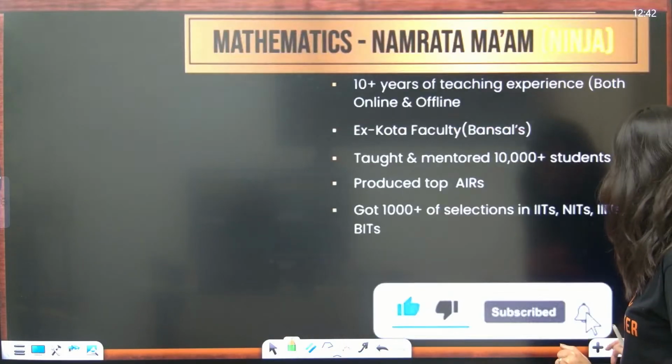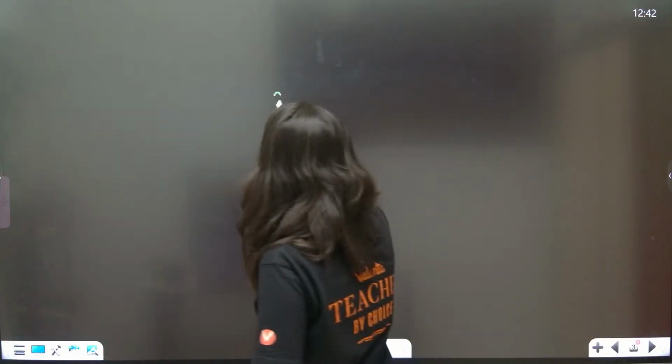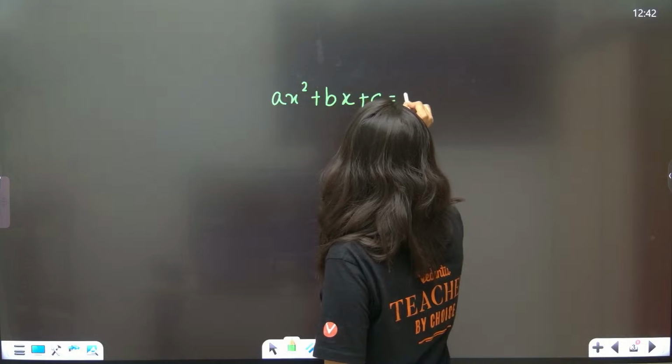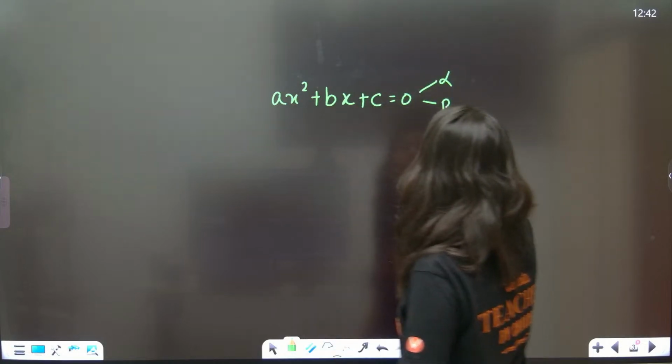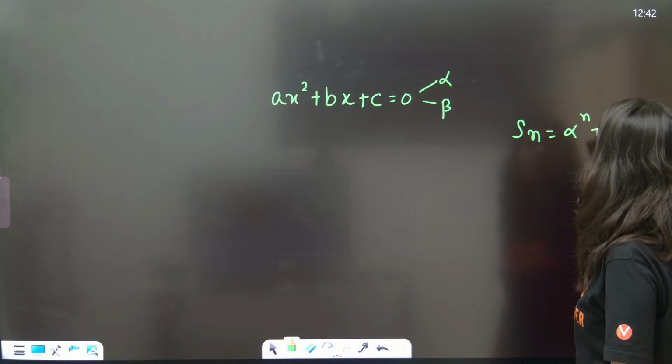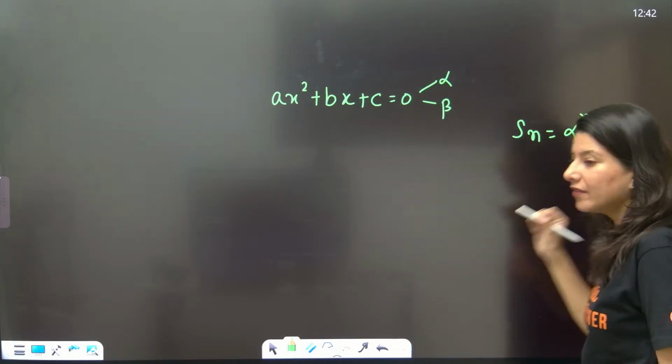So let me just show you what Newton's formula is. Suppose ax^2 + bx + c = 0 has two roots alpha and beta, and your expression S_n is equal to alpha^n plus beta^n.